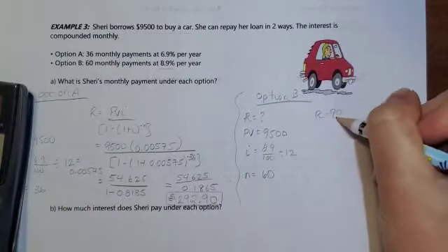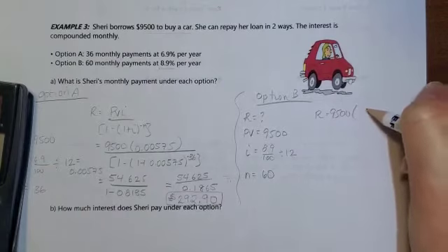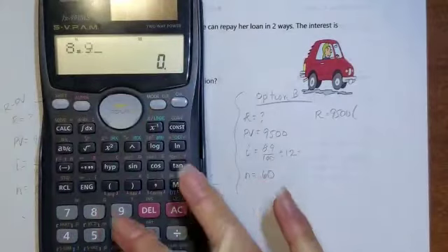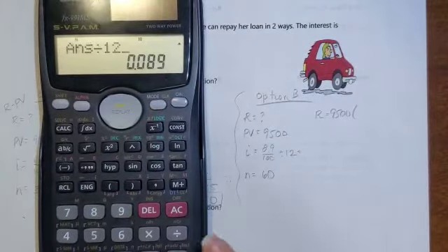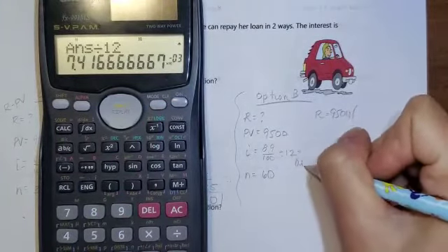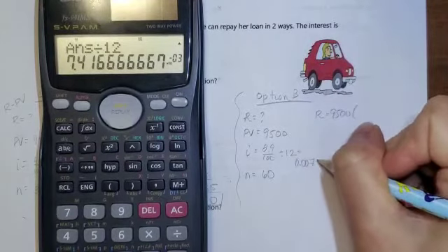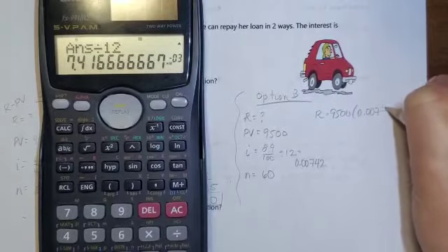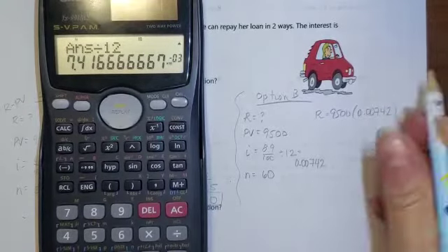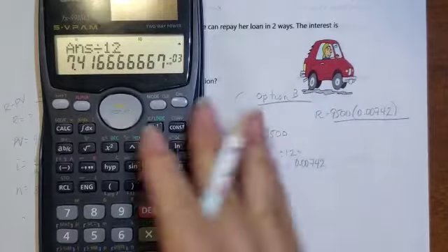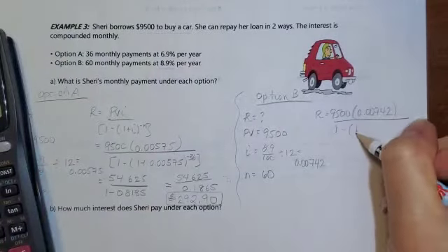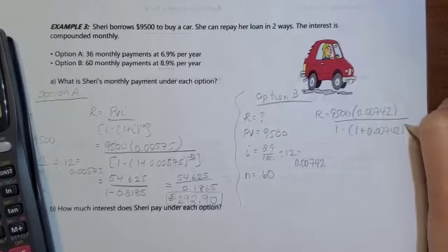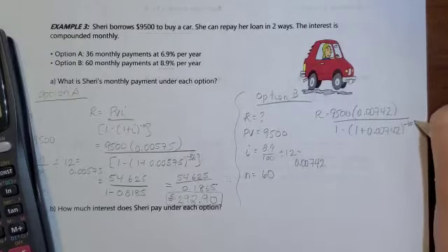So 9,500 times, always forget to do this division, 8.9 divided by 100 divided by 12 is 0.00742, all over 1 minus 1 plus our interest to the negative exponent 60.